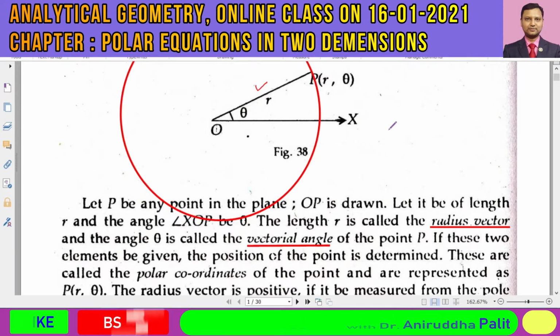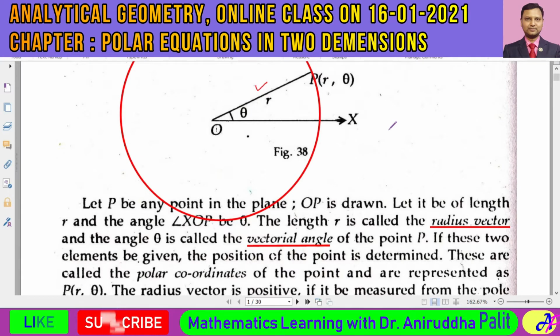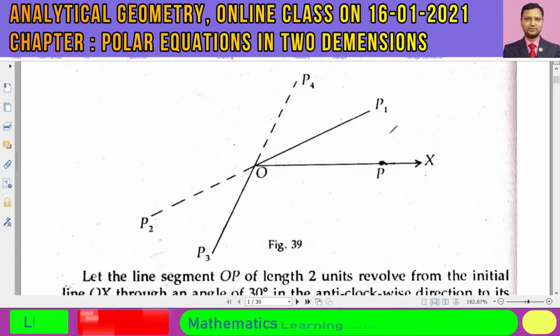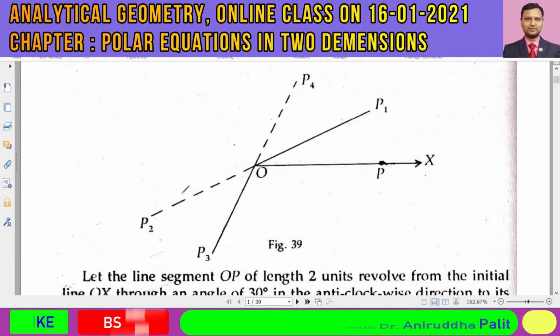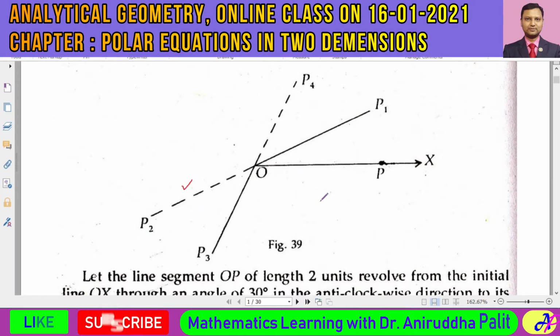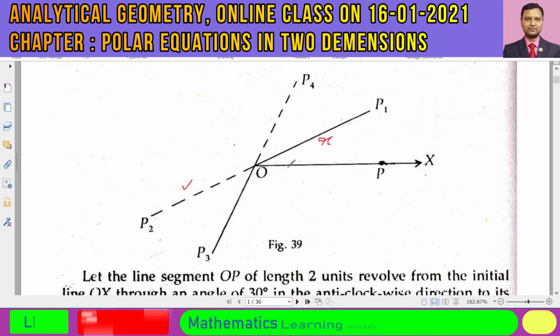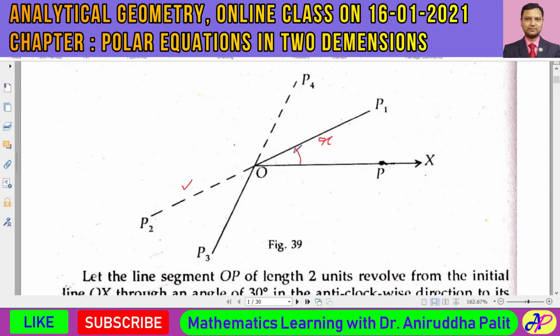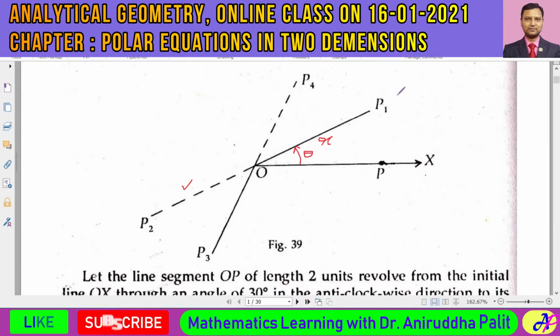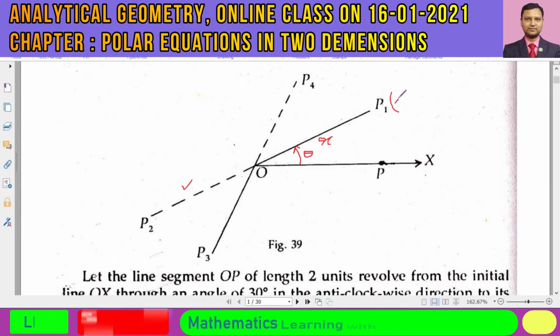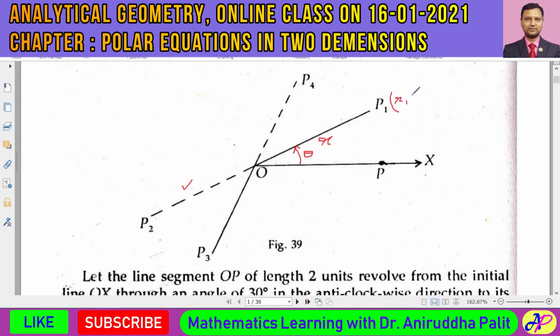Therefore, this radius vector is never negative at all, and in some books you will find the mistake that the vectorial angle of P2 is taken as a negative quantity. Suppose this is equal to r and this angle is equal to theta. In that case, the polar coordinates of the point P1 become r and theta.